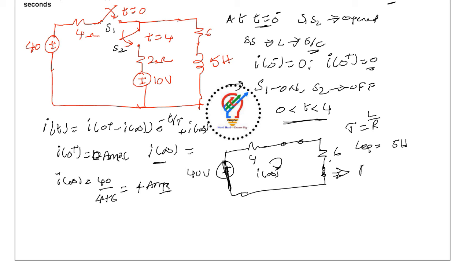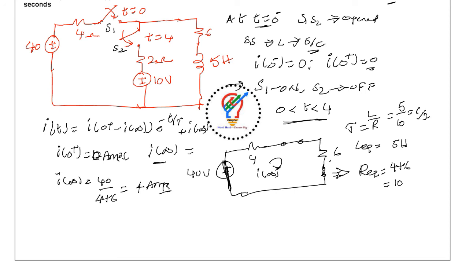So R equivalent is equal to 4 plus 6, because when you are looking from here, these two are in series. So this is nothing but 10. So tau is L, 5, divided by 10, which is nothing but 1 by 2. Tau we got as 1 by 2.